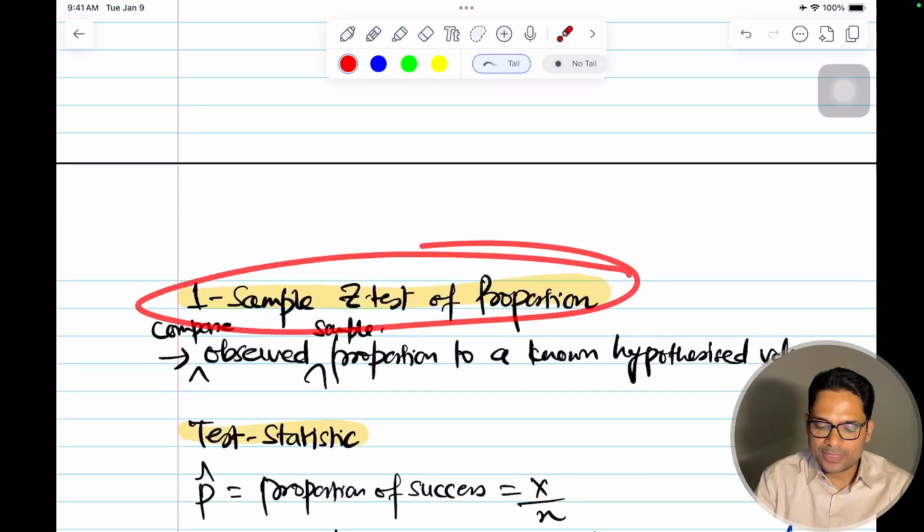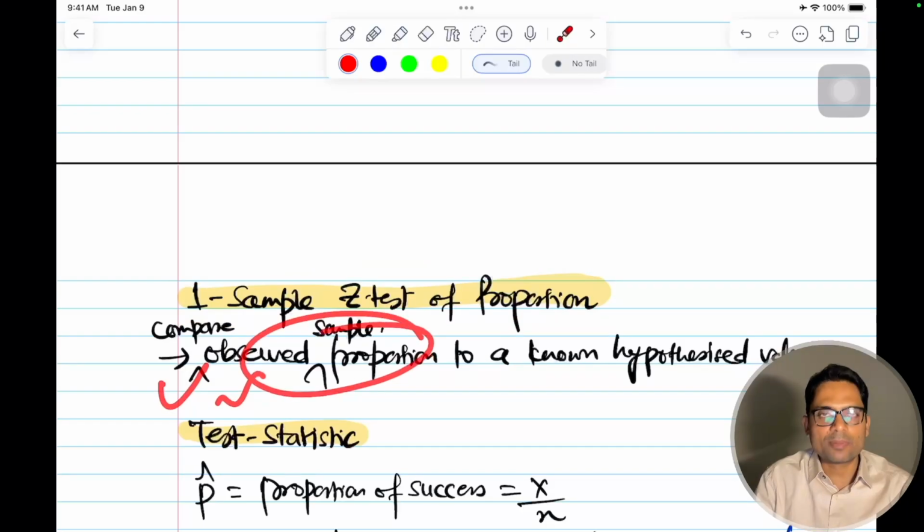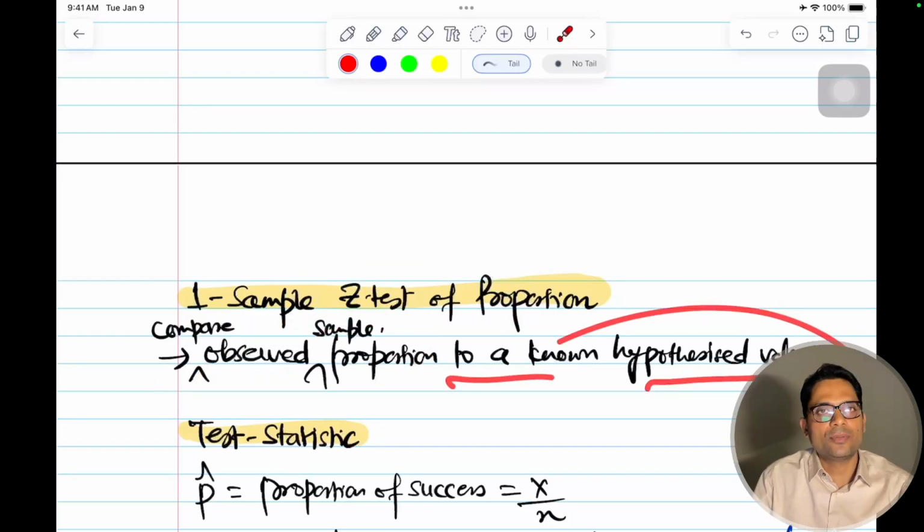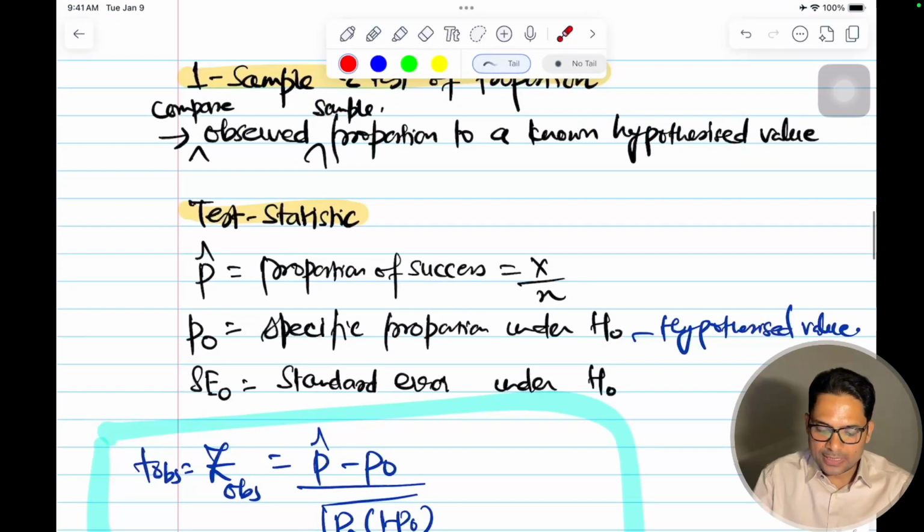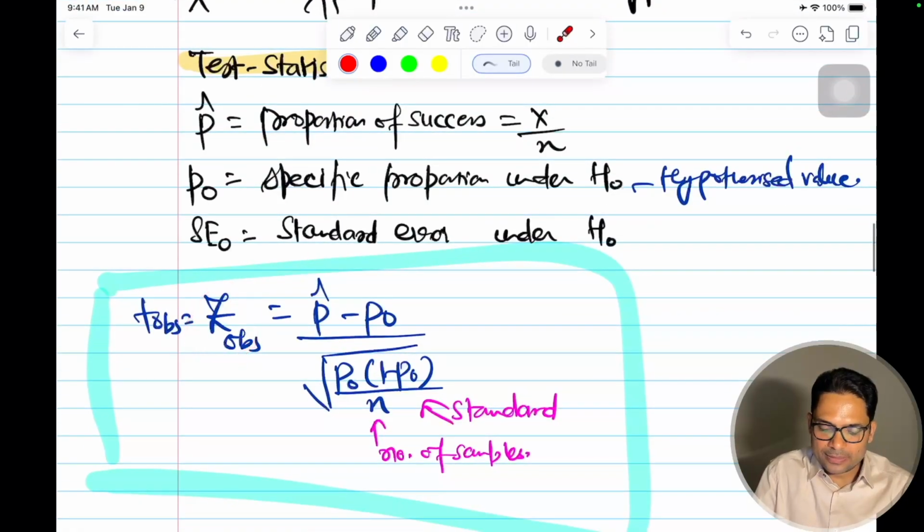And then we saw one sample Z test of proportion where we compare the observed sample proportion to a known hypothesized value, and then we found the test statistic. This was the formula, that this is the difference between the sample proportion and the hypothesized value divided by your standard error, which we have calculated earlier.